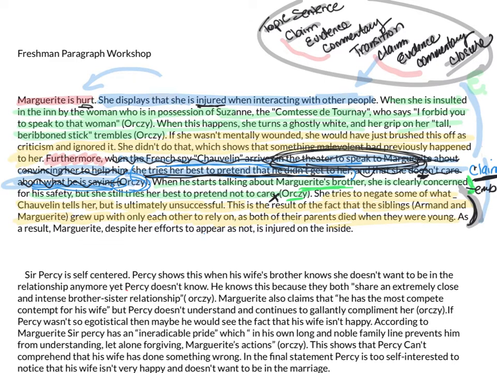Okay, so this is the result, tells me that we are attempting to go for cause and effect commentary. And it certainly starts with this cause and effect commentary, that it is what negates that attempt, or that what negates her ability to stand up is that she is unsuccessful as a result of the fact that they only grew up with each other.